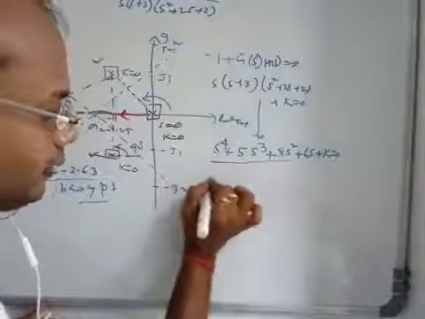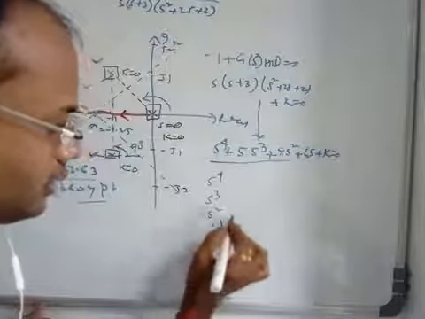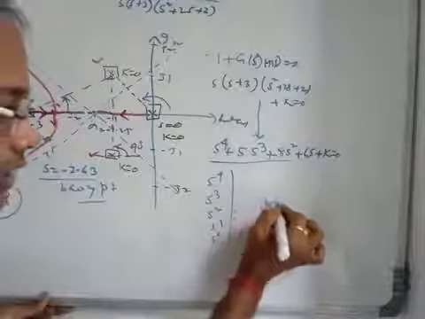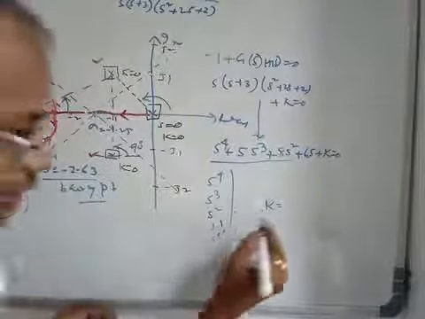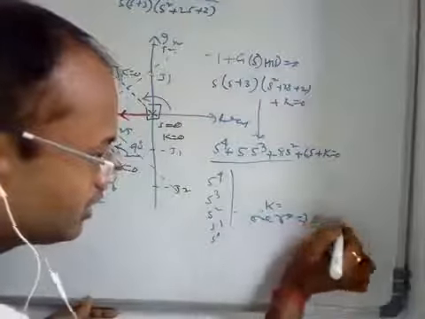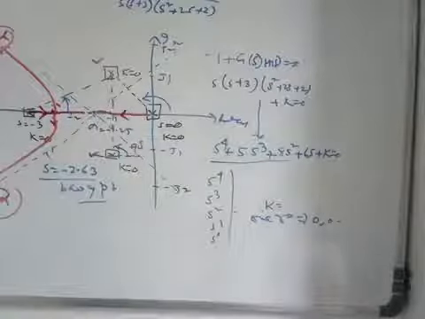And by using the Routh array, in the same procedure, we will get the value of k. We form the Routh array at the value of k for which one row has all elements 0. The value of k in that case is 8.16.